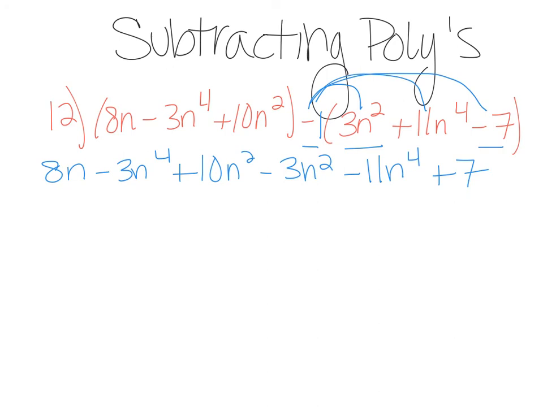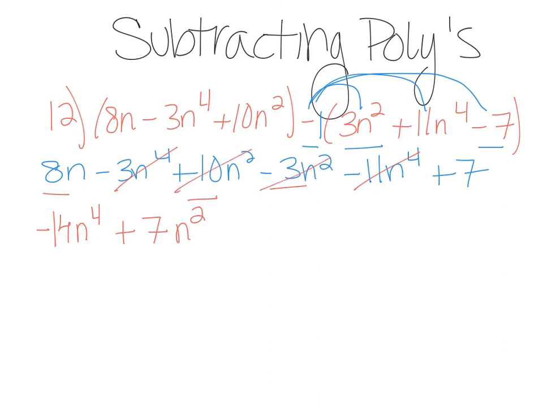We want to start, like I said before, with the highest power. So negative 3n to the 4th, negative 11n to the 4th, negative 3 minus 11 is going to give me a negative 14n to the 4th power. Cross them off as I go. The next highest power is the squared, so 10 minus 3 is going to give me a positive 7n squared.